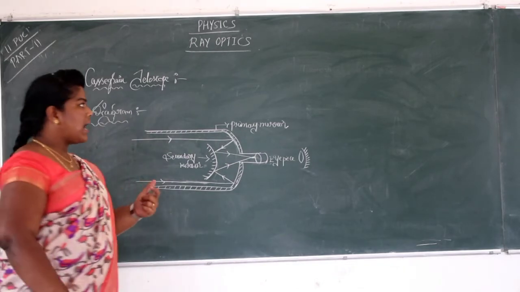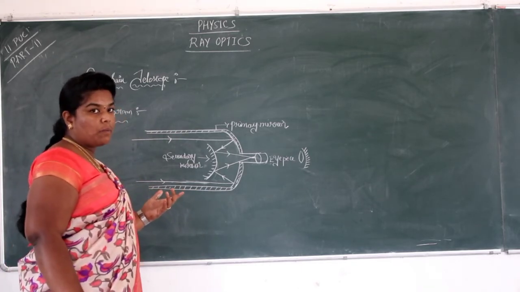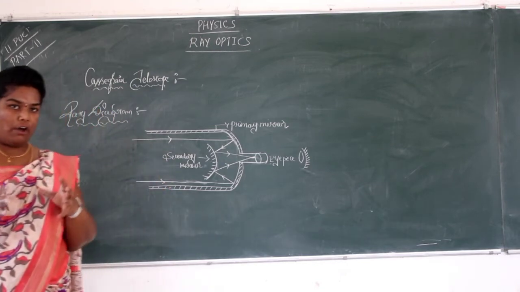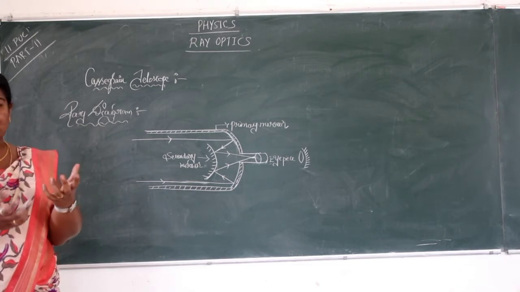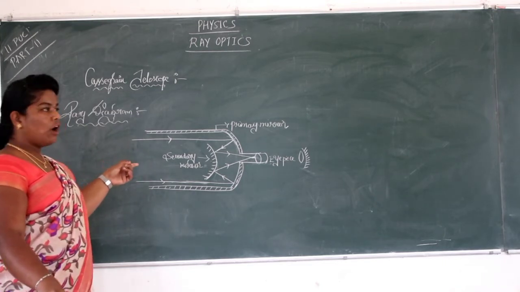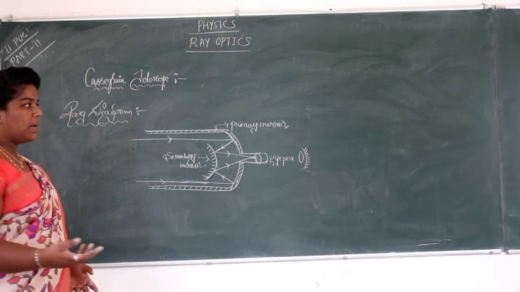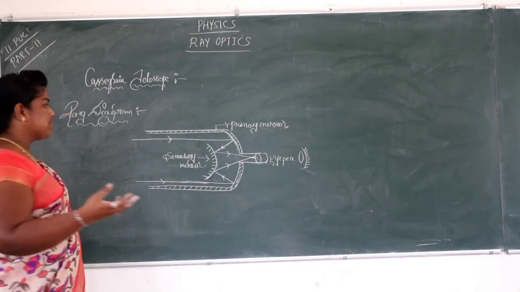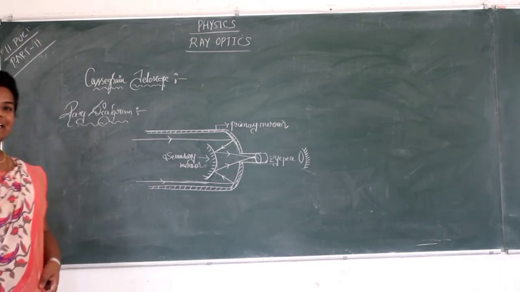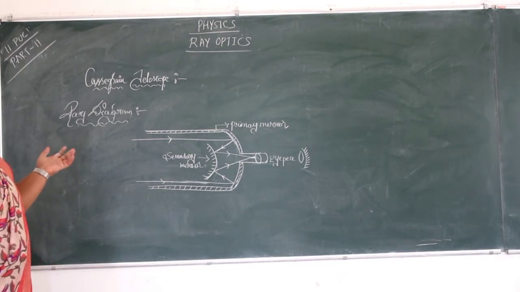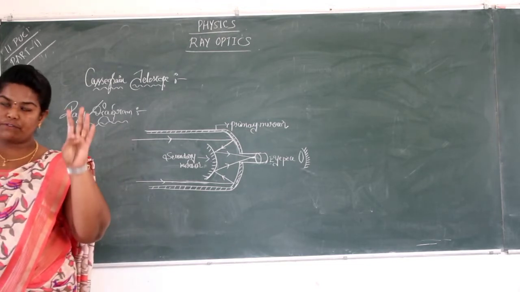The construction of the refracting telescope, that is, the arranging of the lenses, is very difficult compared to the arrangement of mirrors. The mirrors are fixed, and there is no need to arrange them with the help of a rack and pinion arrangement. It is already fixed and we can easily observe with it. So the construction is easy in the case of the reflecting telescope compared to the refracting telescope. That is the first point.